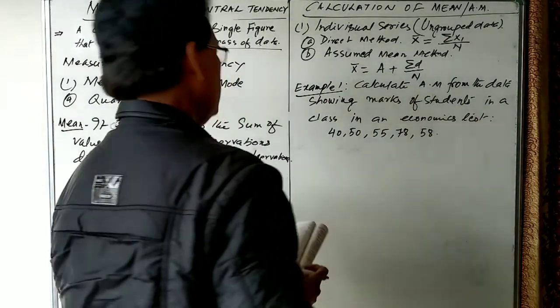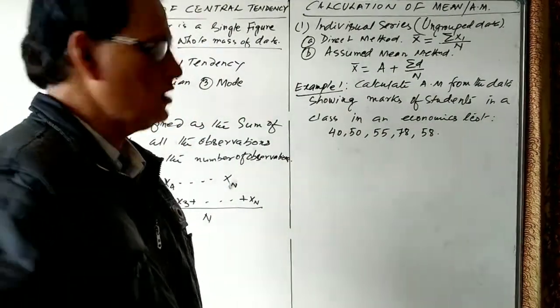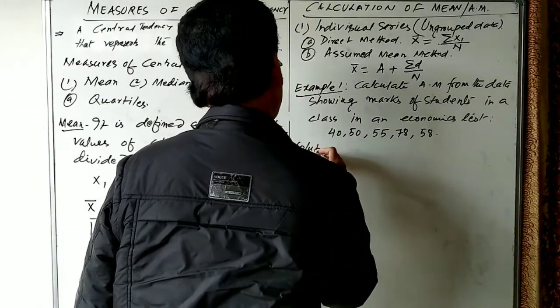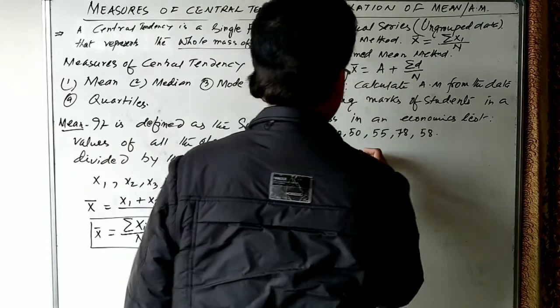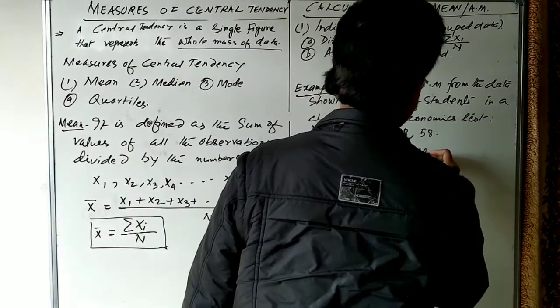So how can we calculate arithmetic mean? In the solution, 2 methods are there. One is the direct method.